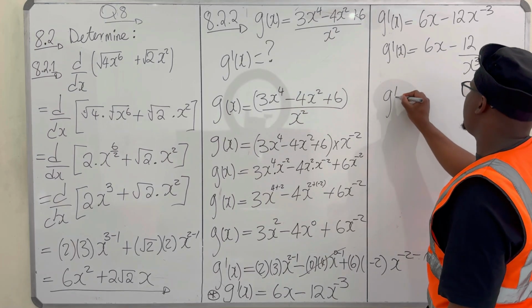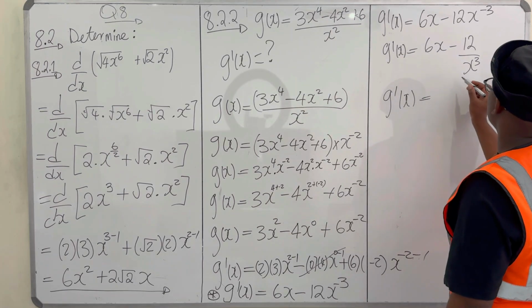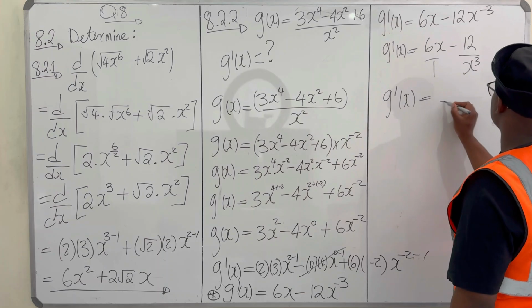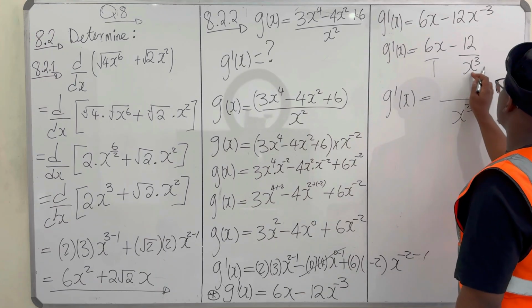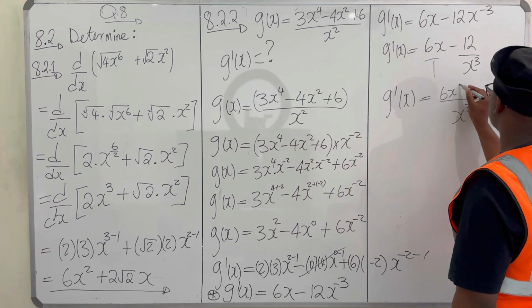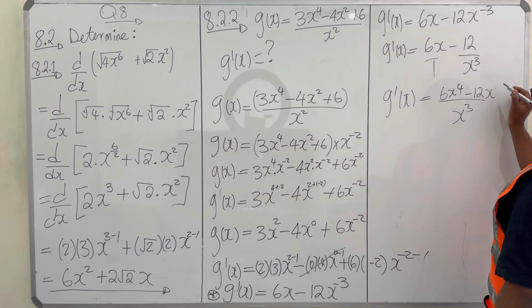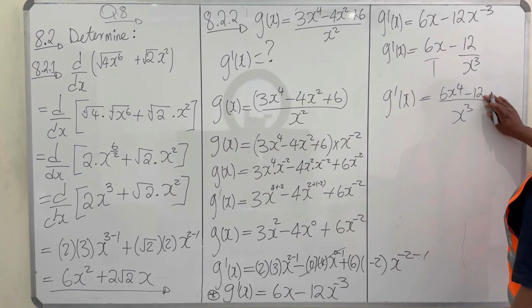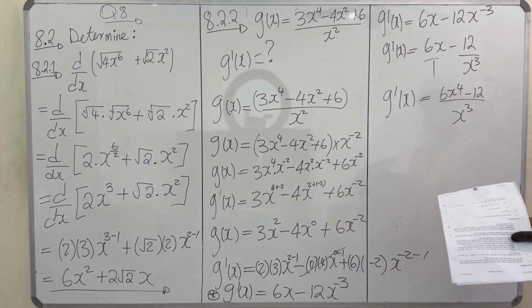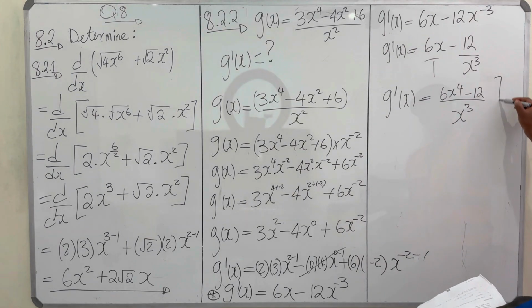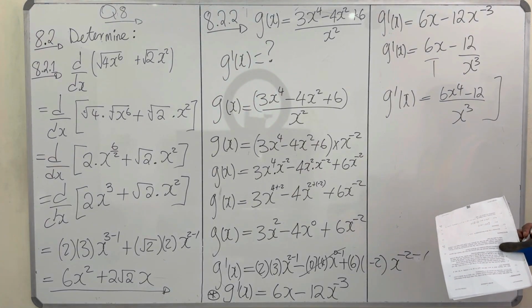Cross multiply, so 6x raised 4 minus 12x, sorry, just ends like this. So I'll say this is the simplest form of this thing.